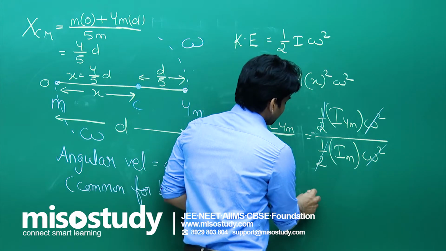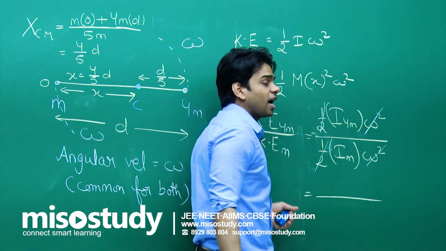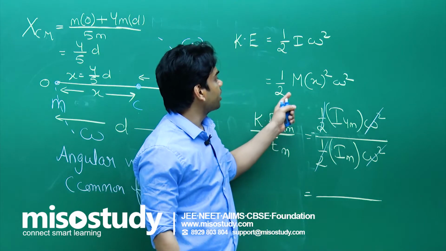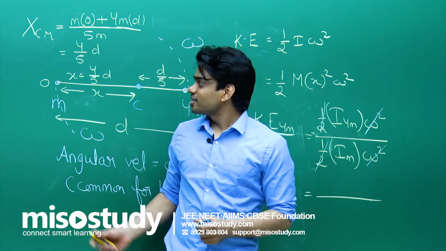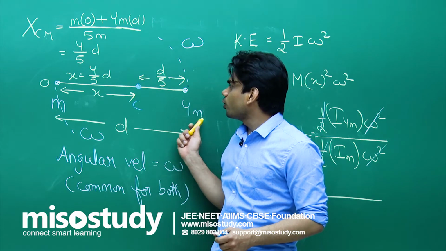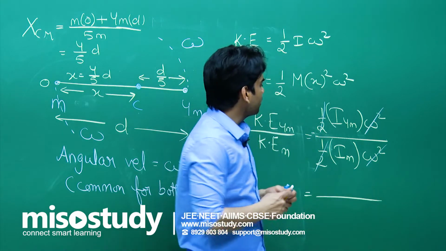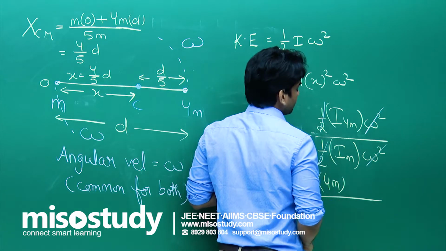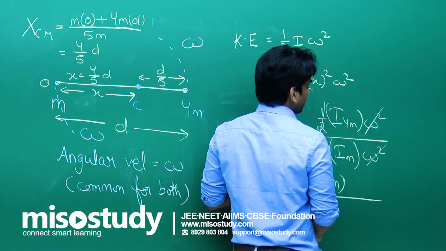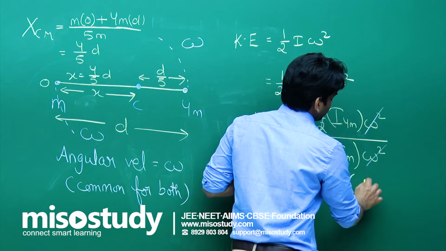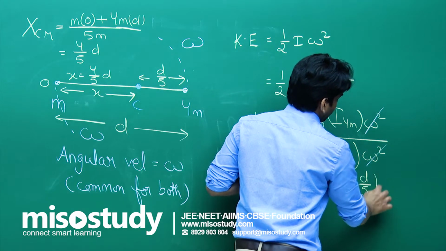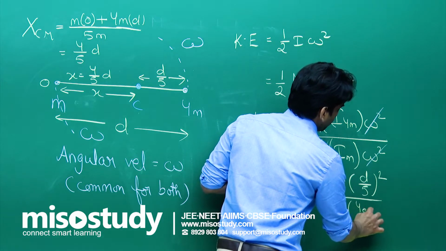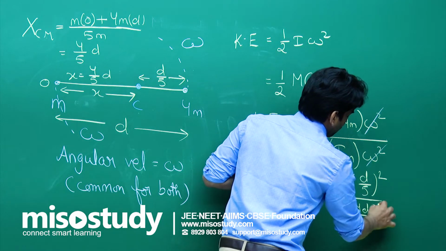So you have to only take the ratio of the moments of inertia. Now you see here, this turns out to be I of 4m. We know that I is mr square, so that is what I have written, mx square. For the mass 4m, its distance is d by 5 whole square. So we will be writing 4m into its distance from the center of mass, d by 5 whole square, and for mass m this will be 4d by 5 whole square.